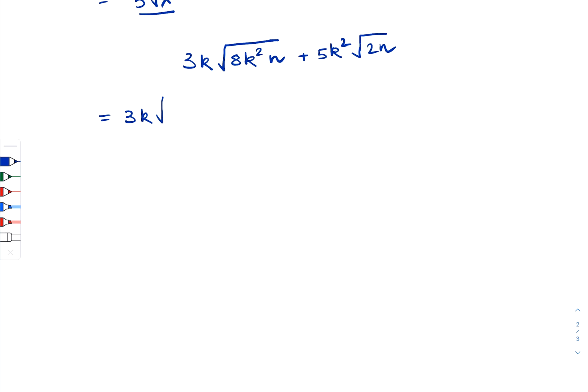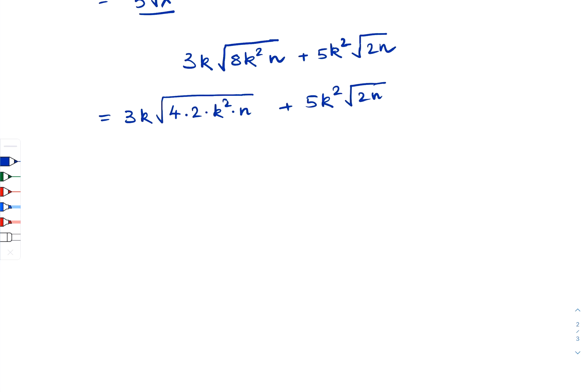For 3k, I'm going to split the 8 into 4 and 2, because 4 times 2 is 8, and the reason I split into 4 and 2 is because 4 is a perfect square. Then I keep the k squared as it is and keep the n. The second term is 5k square root of 2n.